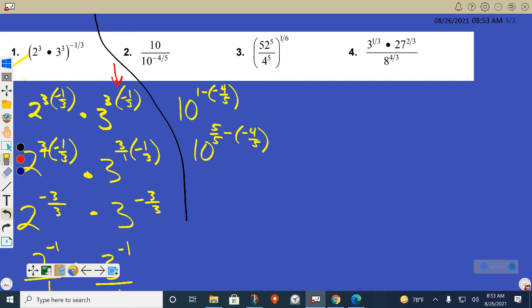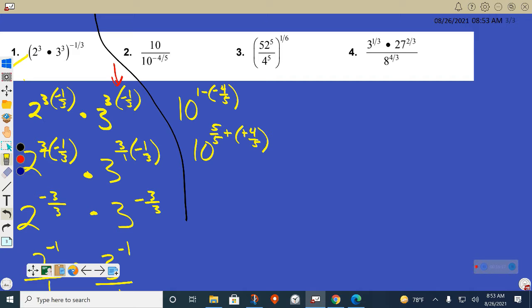Now, how do I subtract a negative number? Well, remember, you change that. So I really have 10 to the 5/5 plus 4/5 power. What's 5/5 plus 4/5?